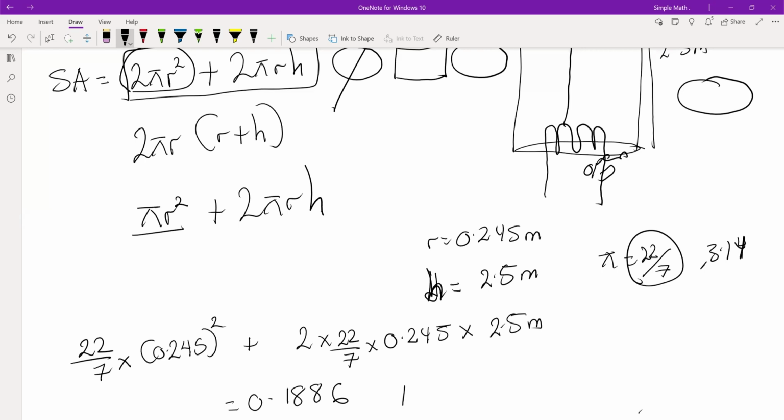Okay, plus this one we have 2 times 22/7 times, because I'm actually using my calculator right now, I want to do it live, 0.245 times 2.5.